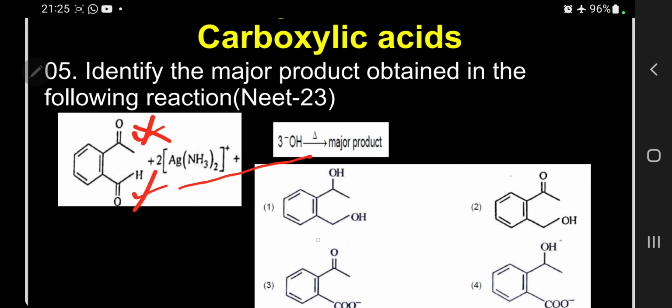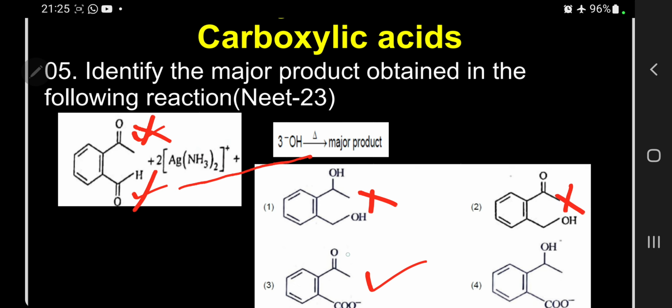Just see here where is the acid. So here is the answer. 3 is the correct answer. Because the below is converted to acid, above is not, because it is an acetyl group, the keto group is not oxidized. The aldehyde group can be oxidized by the weak oxidizing agent. Here alcohol, not correct.